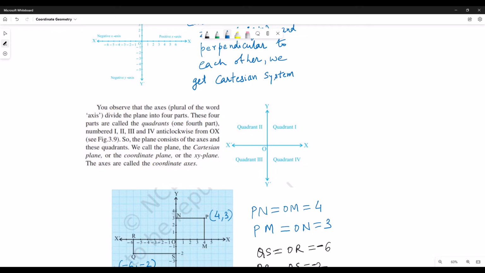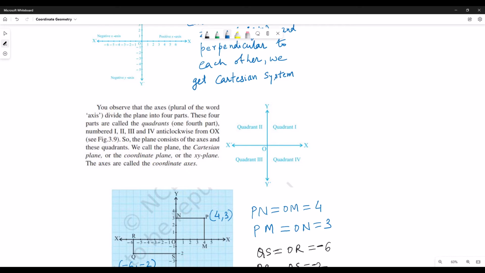These 4 parts are called quadrants, or 1/4 parts, numbered 1, 2, 3 and 4 anti-clockwise from OX. So the plane consists of the axes and these quadrants. The axes are called the coordinate axes.